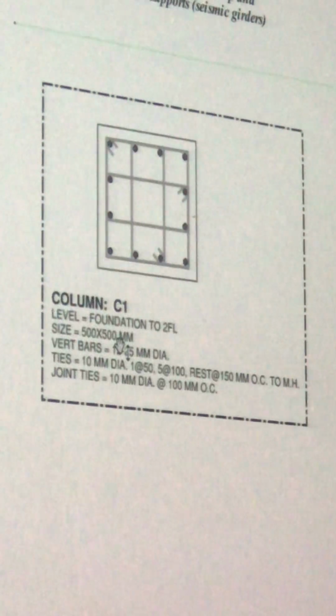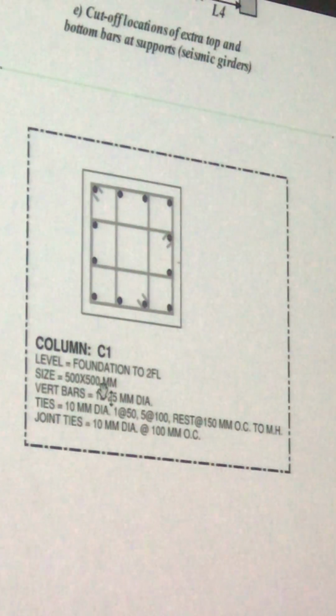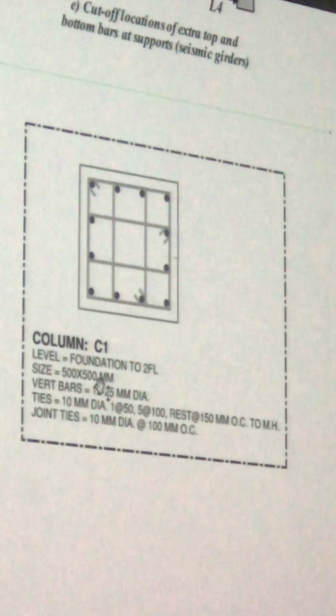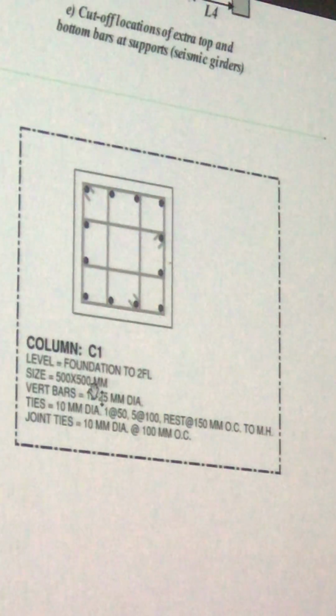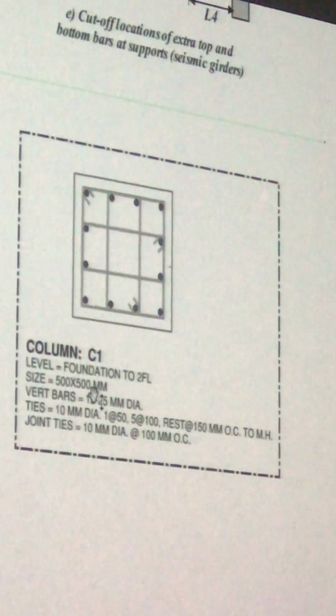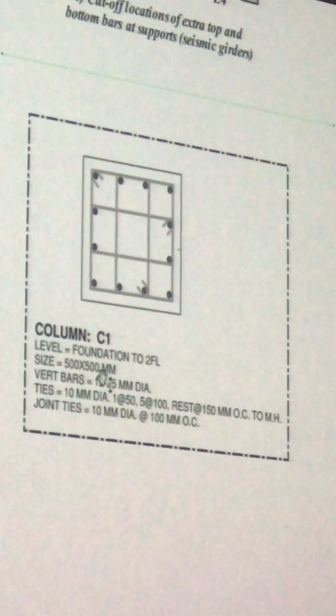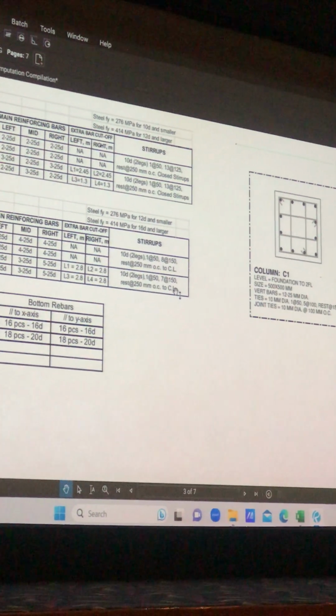Joint ties are the ties which are placed at the intersection of the column and the girder. So those are what we call joint ties. Okay, so I hope we are now aware of these.